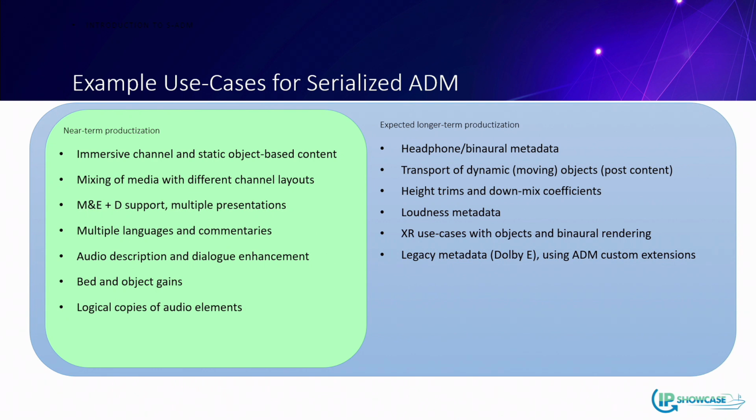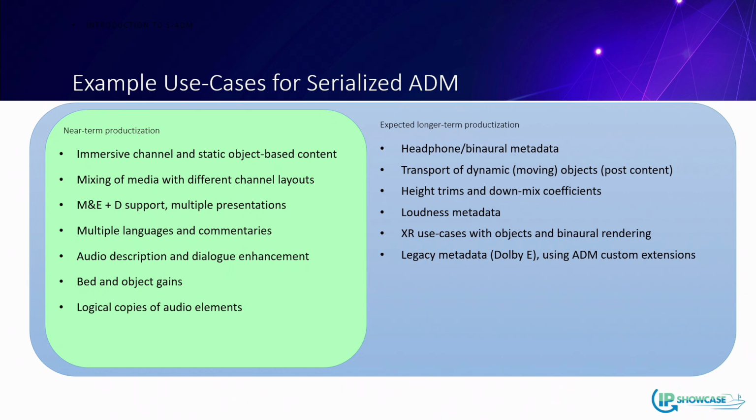So think back to the problems we talked about at the beginning. What does serialized ADM give us that's useful? Well, the M&E support gives you a lot of the personalization and accessibility options that you need.